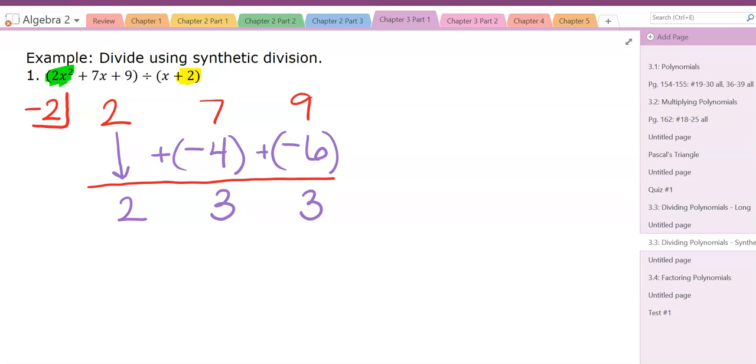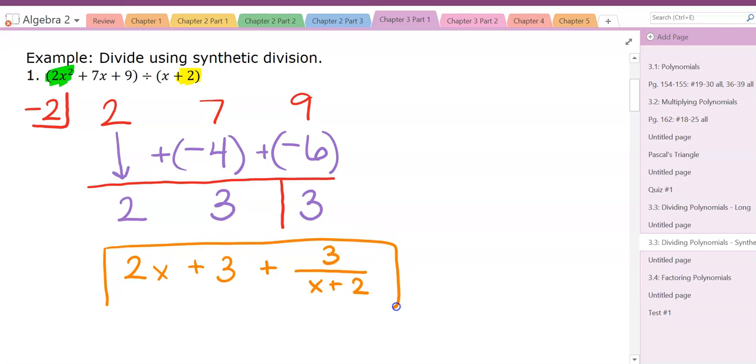Instead of 2x squared, we're going to say 2x, and then plus 3. A lot of times people will draw a bar on that line to remind them that that's your remainder. To write remainders, we put the number that's left, so 3, over what we divided by, x plus 2. So this is going to be your answer.